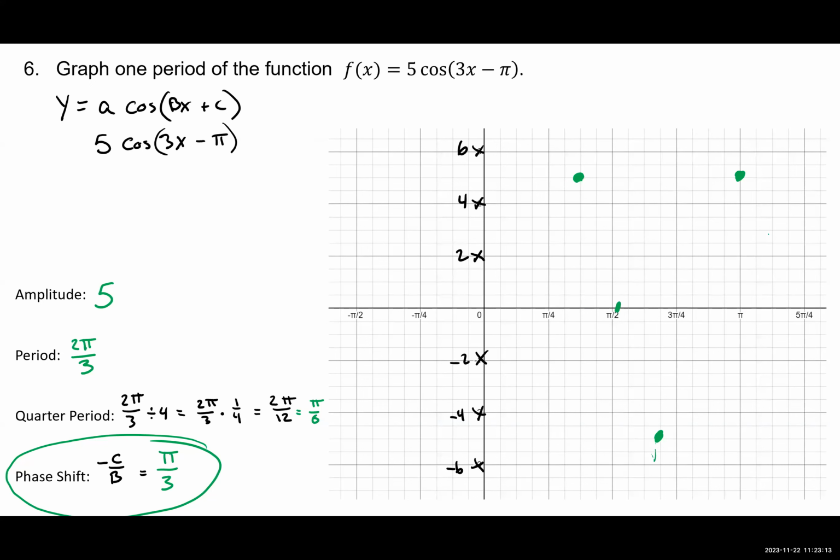I'm just loosely estimating where those other points are going to be. So this will be the graph. Now, you just have to visualize this x-axis labeled a little bit differently.